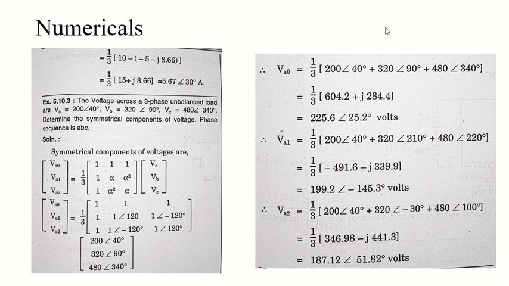If you want to state that VA1 is equal to 1/3 of (minus 491.6 minus j339.9) volts, then that is true as well. But actually the polar form gives us a better idea about magnitude and phase, and that's why we use it.